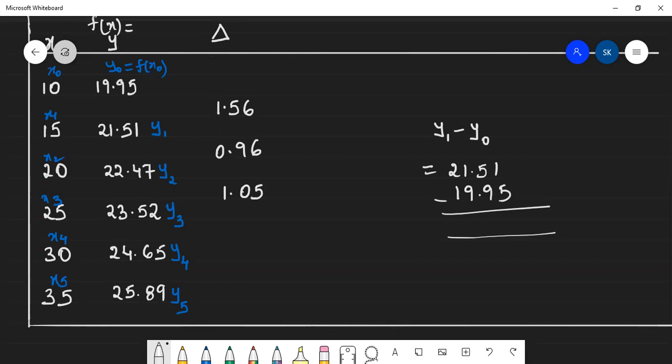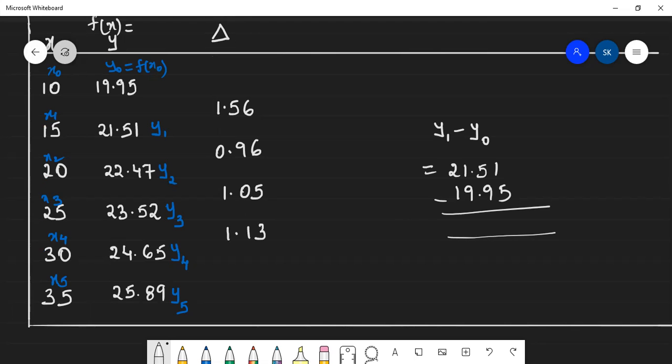Then I am doing y4 minus y3, right? y4 value is 24.65 minus y3 value is 23.52. The answer is 1.13.